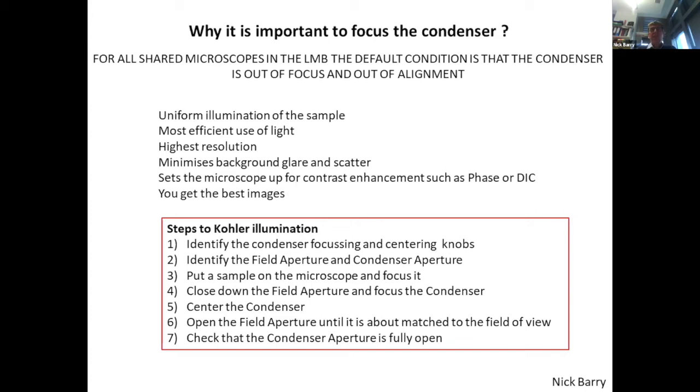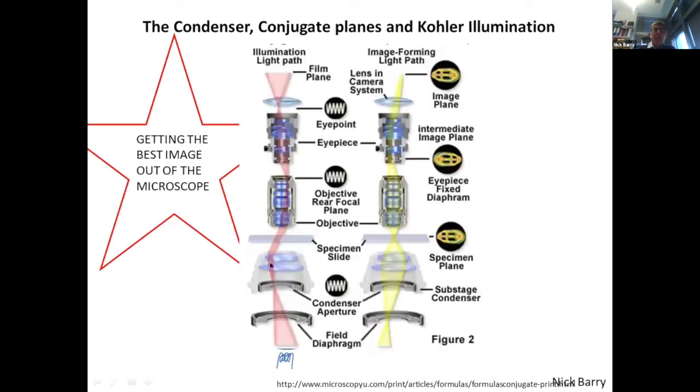It does impact resolution. You minimize background glare and scatter, and it sets your microscope up for contrast enhancement mechanisms such as phase contrast or differential interference contrast. So overall, taking care of the condenser gets you the best images. So if we just quickly go back again, focusing this set of optics correctly relative to the sample and to the objective gets you a higher resolution image.